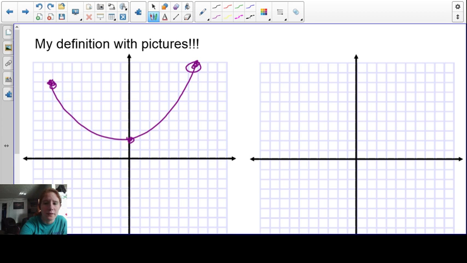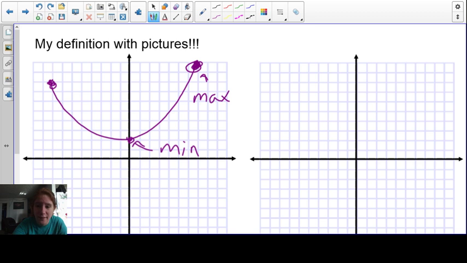Notice how these dots are closed, they're solid, they're filled in, that means they exist. So that means that this point down here is going to be my minimum. And then this point up here would be my maximum because it's the smallest and the biggest y values that I see on my graph.